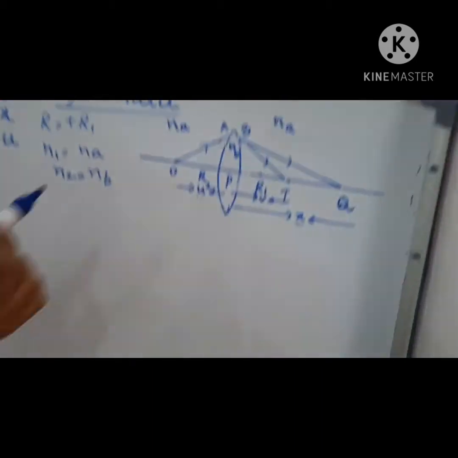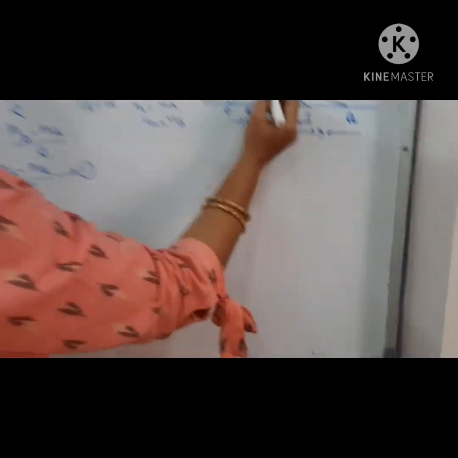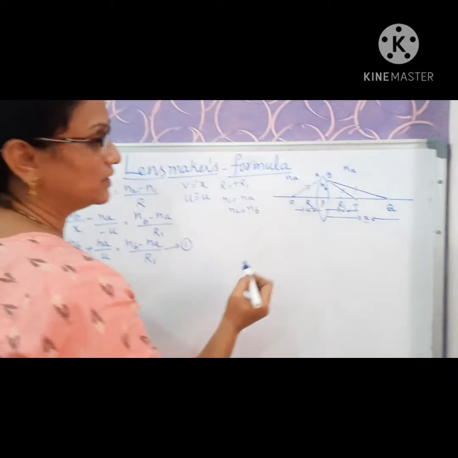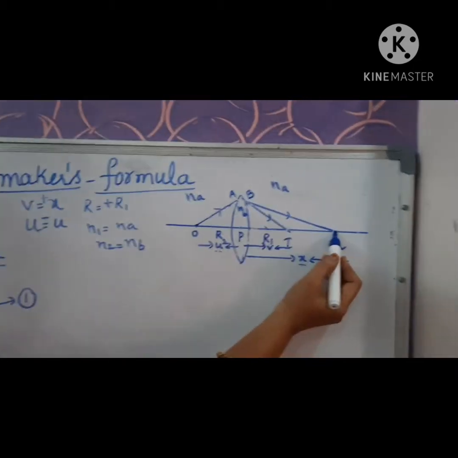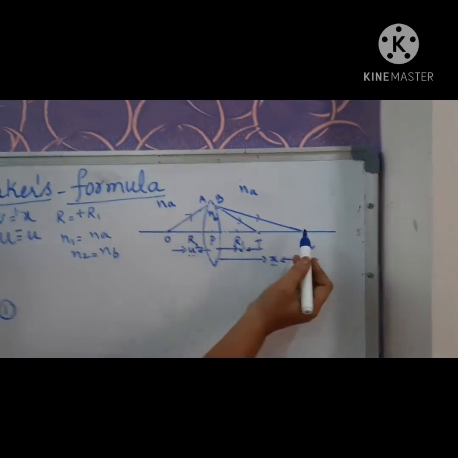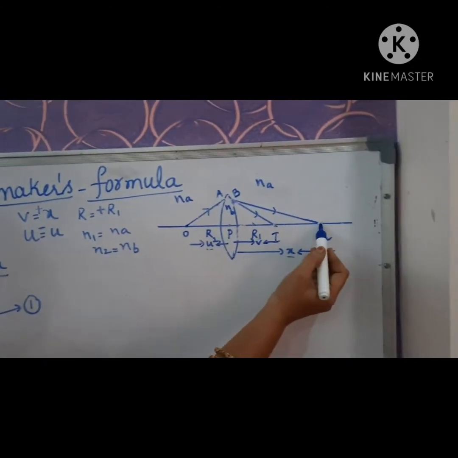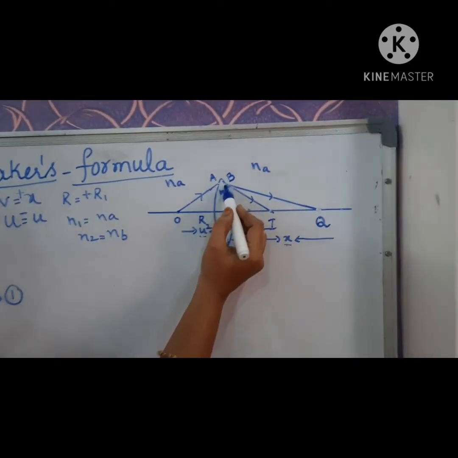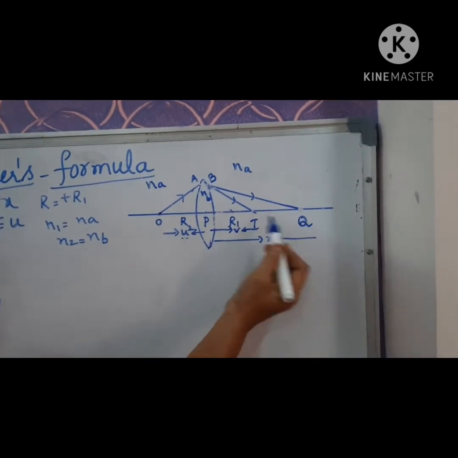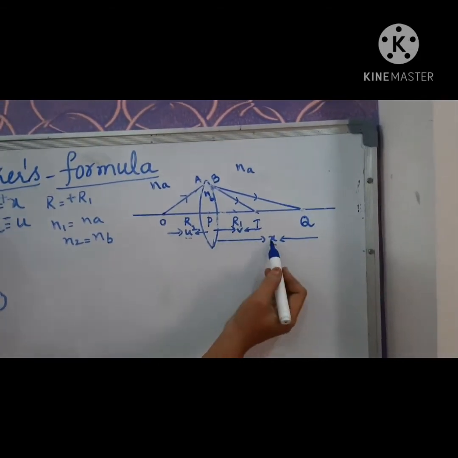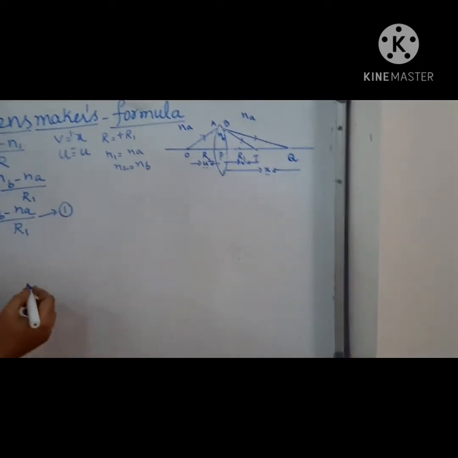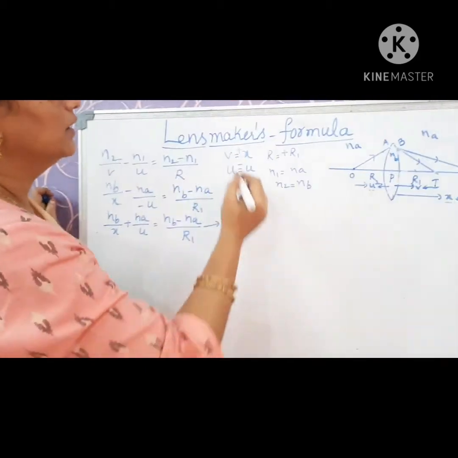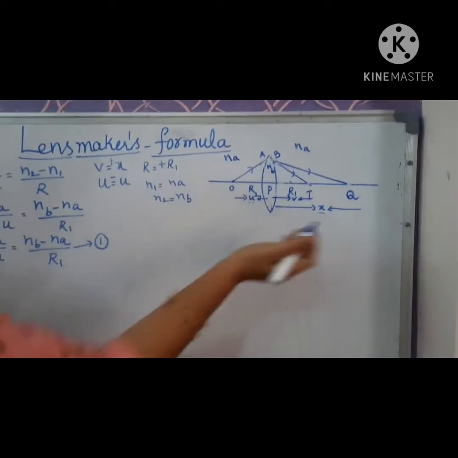So we have to consider the other spherical surface also. For this surface, let us treat Q, which is the image of the first surface, as the object. So the object distance is PQ, that is X, and the image distance is PI.